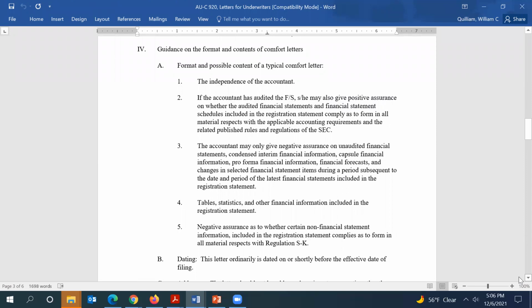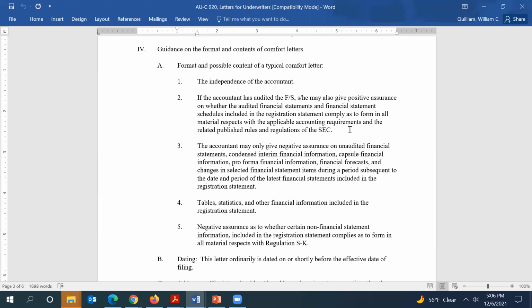Let's see, guidance on the format and contents of comfort letters. Always, we should say that we're independent. Then, as I said up here on the board, with positive and negative assurance, we can give a comfort letter. If the accountant has audited the financials, again, we need not be the auditor, but we almost always will be.